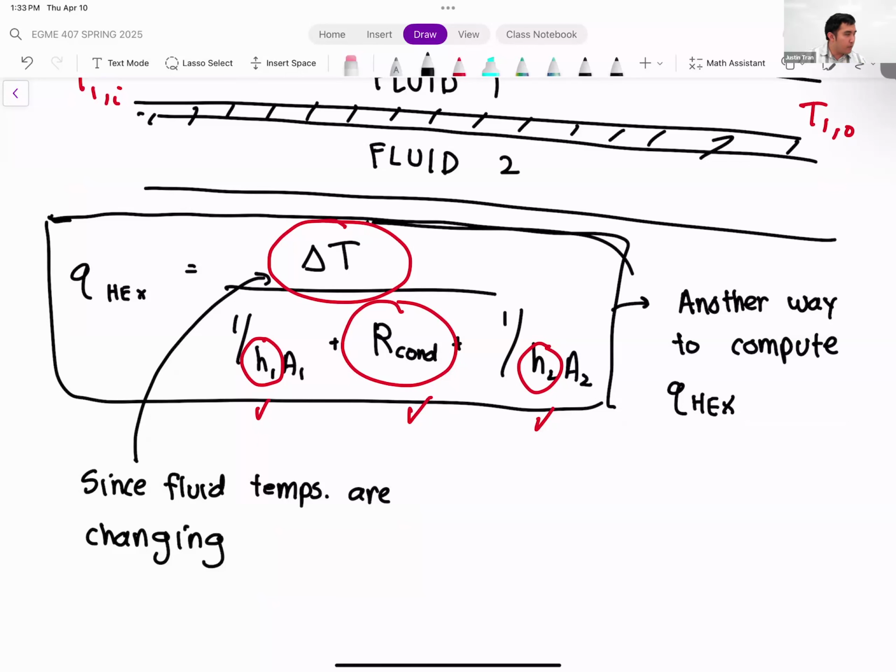And so since the fluid temperatures are changing, the delta T that we actually use here is called the log mean temperature difference. Which sounds a lot fancier than it actually is.